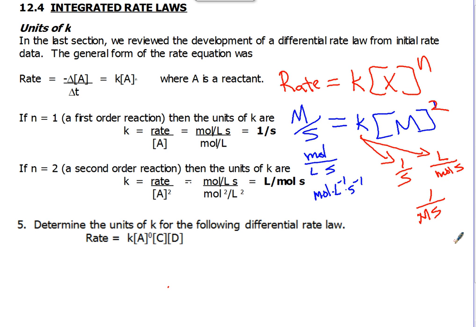What do you think the way they would write it? Molarity to the -1, seconds to the -1. Those are the same units as those. It's the inverse of molarity. Molarity is usually moles per liter, so they're writing it as liters per mole. So just figuring out the units for K based off of the order, you can kind of reverse it.